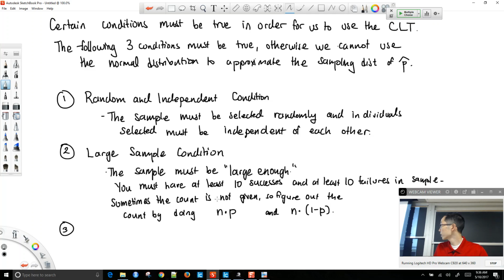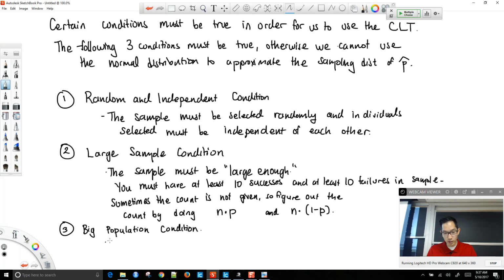And then condition 3 is the big population condition. This means the population must be big compared to your sample, unless you're sampling with replacement. I've got to throw that caveat in there.